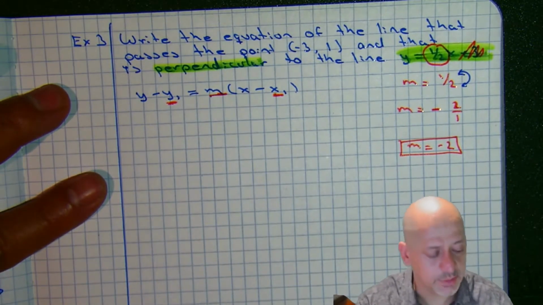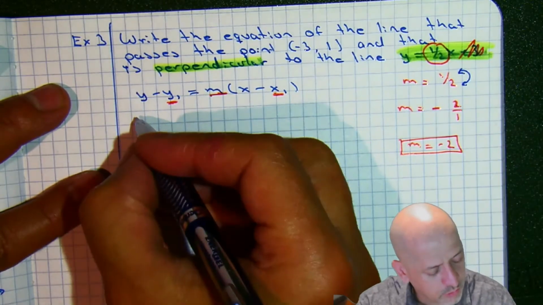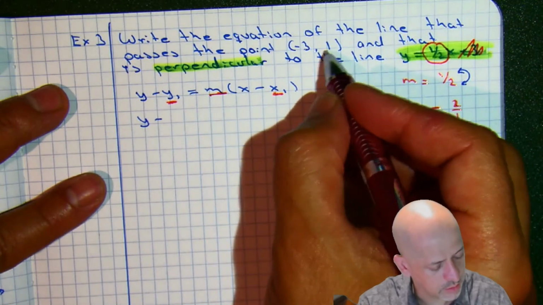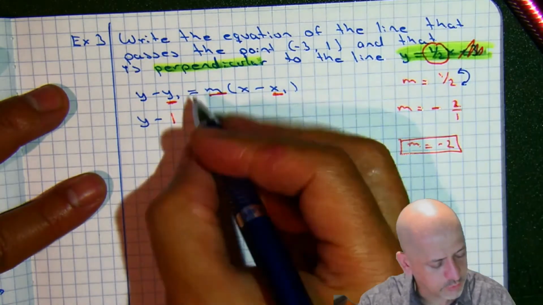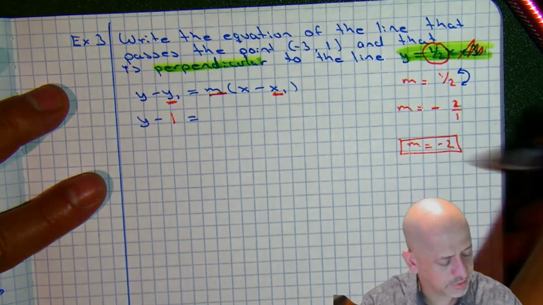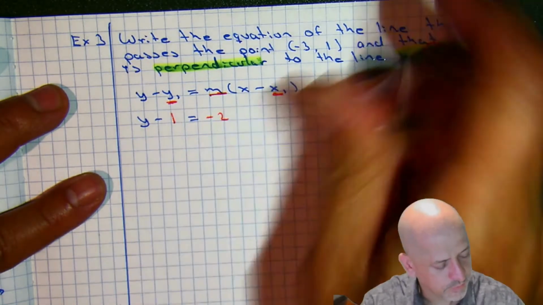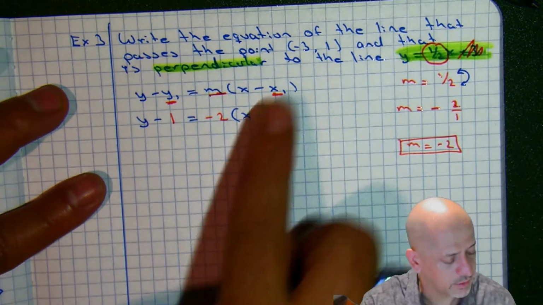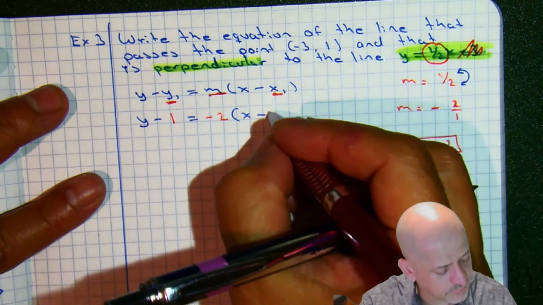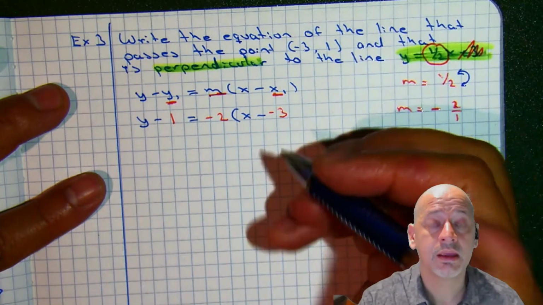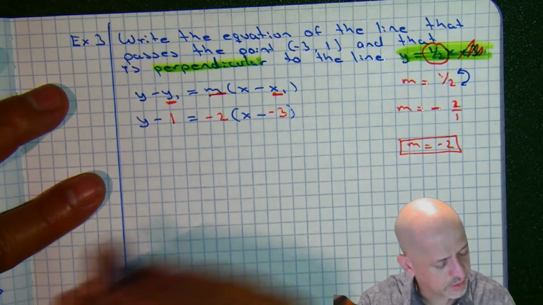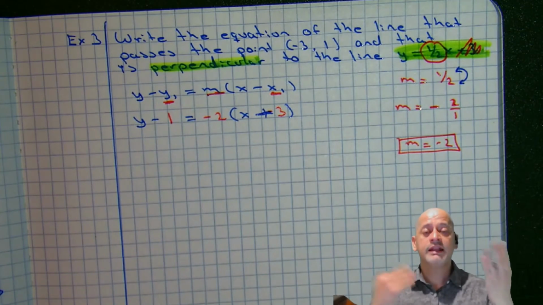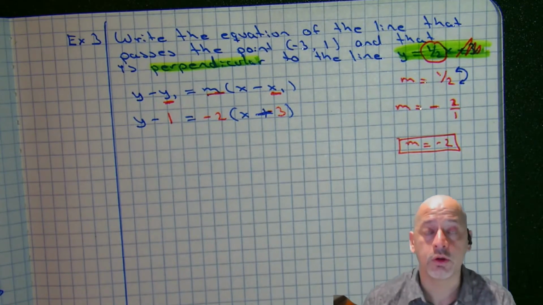Now let's plug it in. y minus, what's y1? 1, equals my slope, which we found to be -2, times x minus, what's x1? -3. You notice that we have a double negative, so it's going to become a positive. I'll do that right away so I don't forget. And now that is the point slope form of the equation that we're looking for.